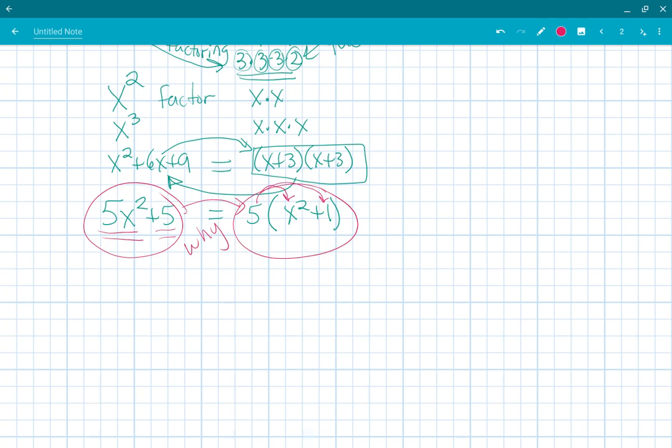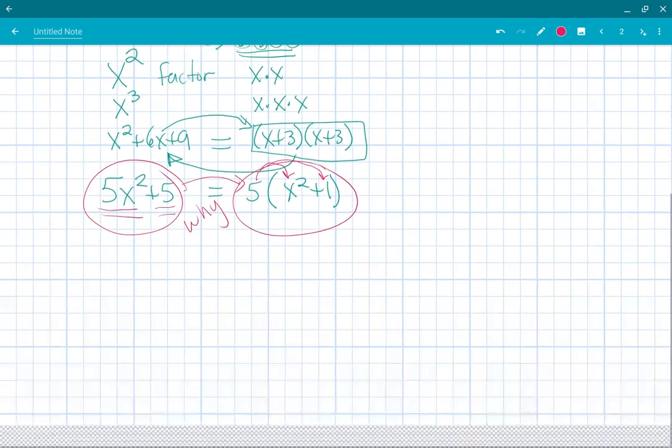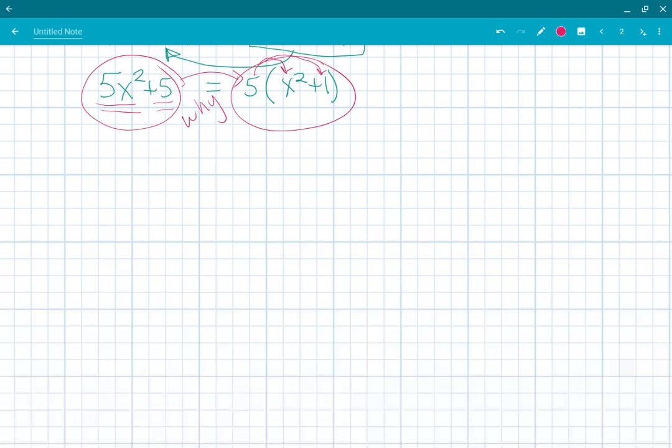All right, so here is how I'm going to introduce this lesson. I'm going to come up with a function, a quadratic. There we go.